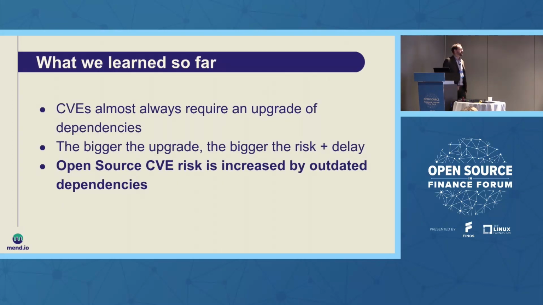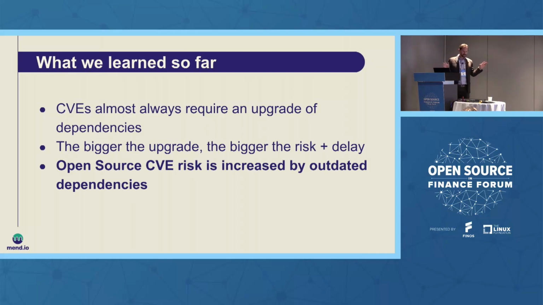All right. So, again, setting the stage, what we learned so far. Resolution of CVEs, of vulnerabilities, almost always requires an upgrade of dependencies. The bigger the upgrade, the bigger the risk due to the delay. And therefore, open source vulnerability risk is increased by outdated dependencies.